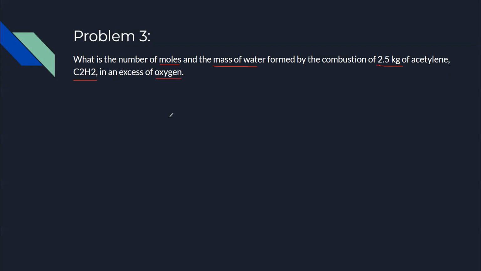First, we have to create the balanced chemical equation like we did last time. So we have C2H2 plus some number of O2 makes CO2 and H2O.